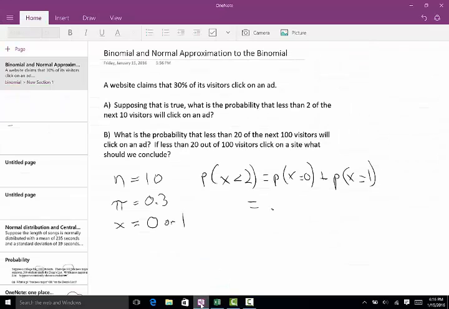So the probability of 0 was 0.028. Probability of 1 was 0.121. Adding those, 0.149, about a 14.9% chance. That's part A.